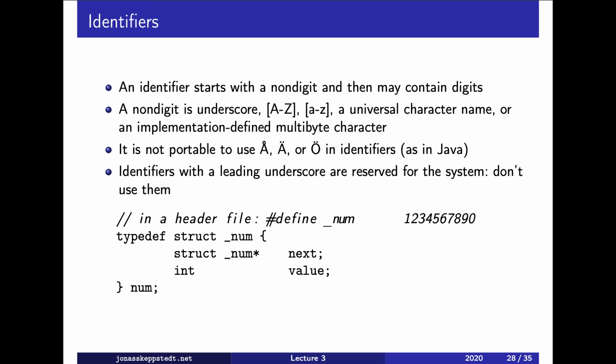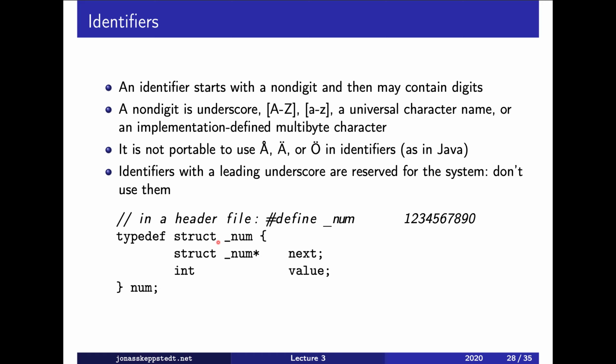Okay, identifiers. They must start with a letter, and I mean A to Z, and not with an underscore. Many people write, well, at least many C programmers write like this to introduce a typedef for a struct.